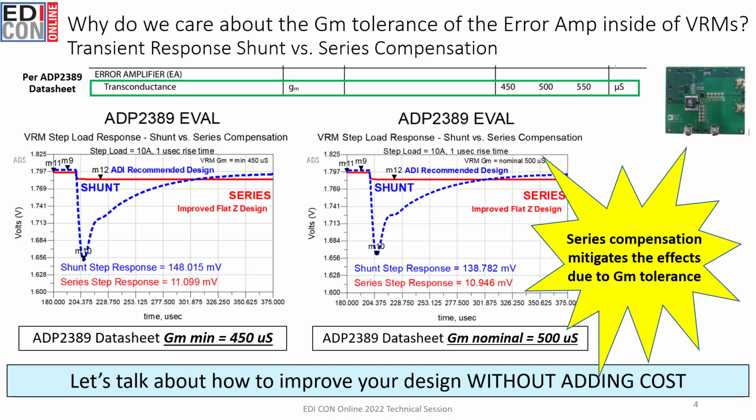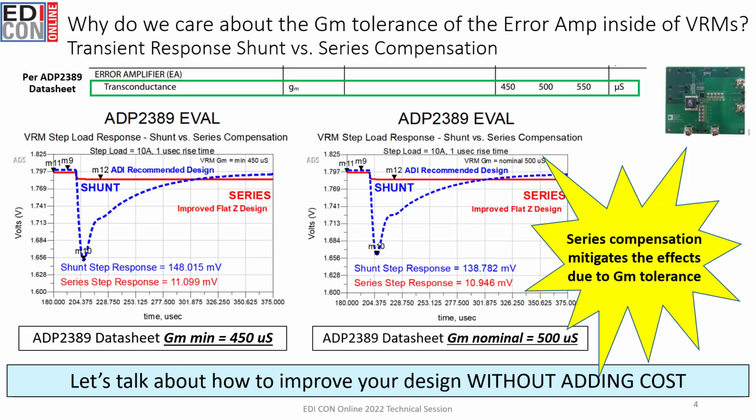The left plot is the VRM step response when the transconductance of the error amplifier is at the datasheet minimum of 450 microsiemens. The right plot is the step response for the same evaluation VRM when the transconductance of the error amplifier is at the datasheet nominal value of 500 microsiemens.